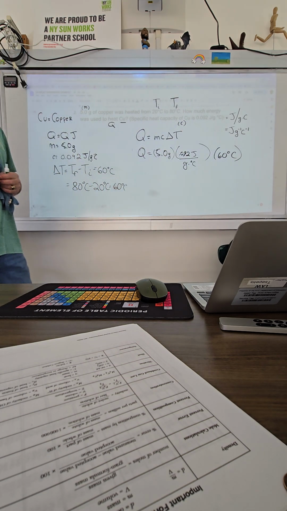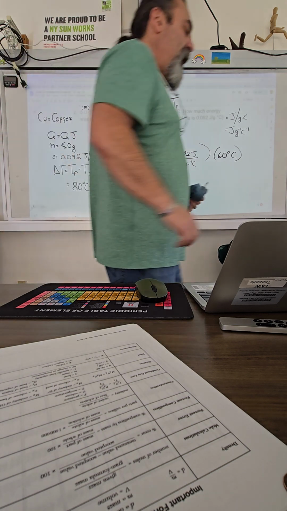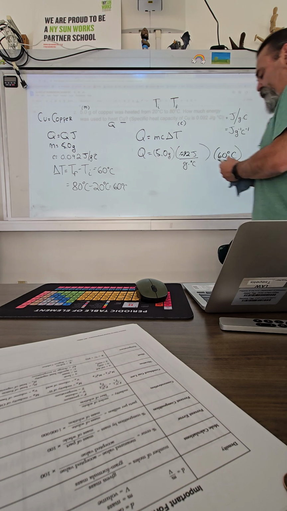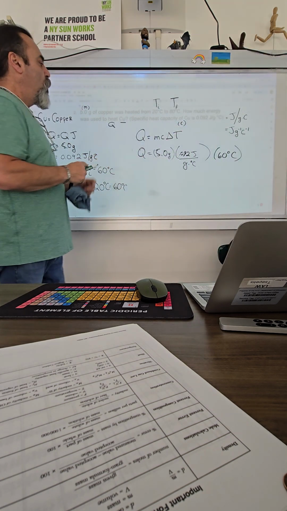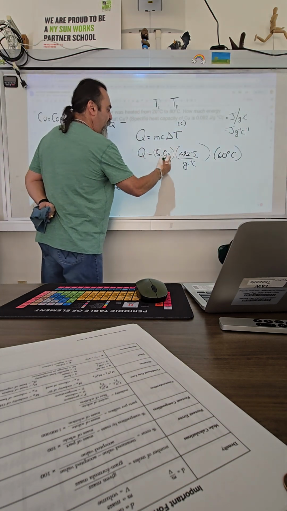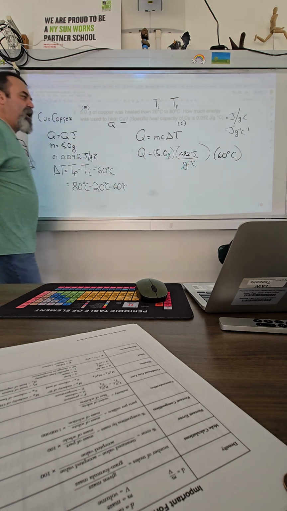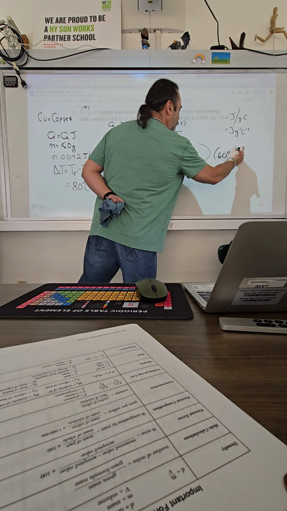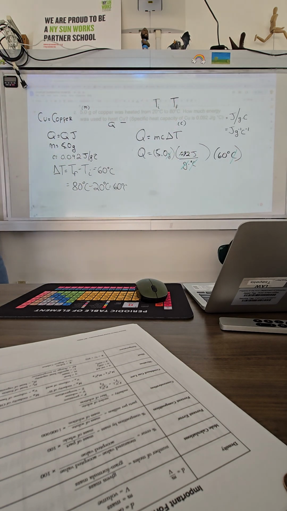That's what that means, okay? So now if we look at dimensional analysis, we could see that the grams goes away here, that gets canceled. The Celsius goes away here, that gets canceled. Does everybody understand what that meant? That's important what I just did.